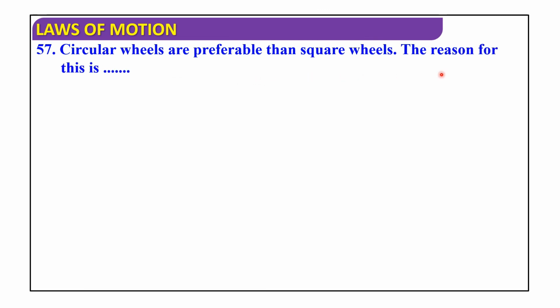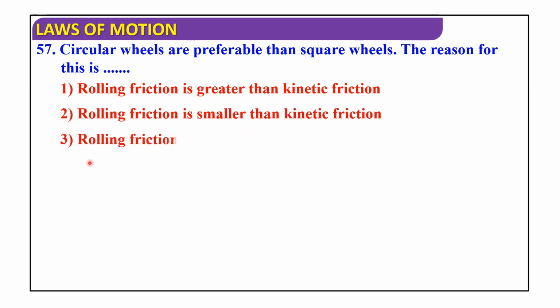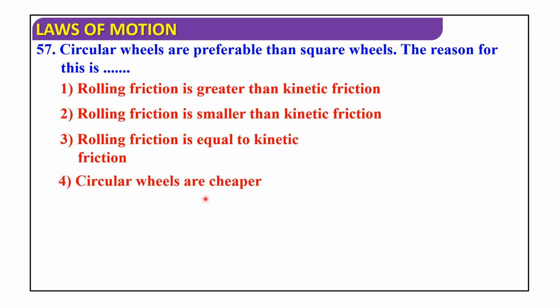Next, circular wheels are preferable to square wheels. The reason is: rolling friction is greater than kinetic friction, rolling friction is smaller than kinetic friction, rolling friction is equal to kinetic friction, circular wheels are cheaper. Here, the reason is that rolling friction is smaller than kinetic friction.